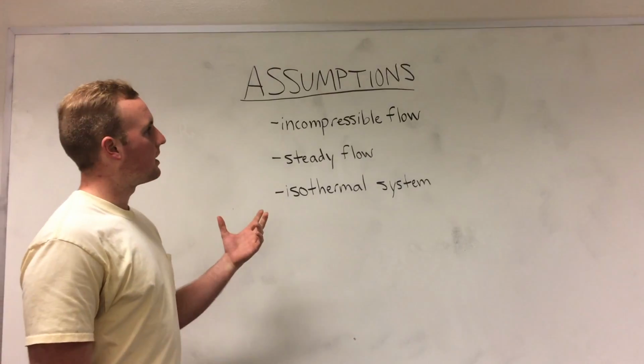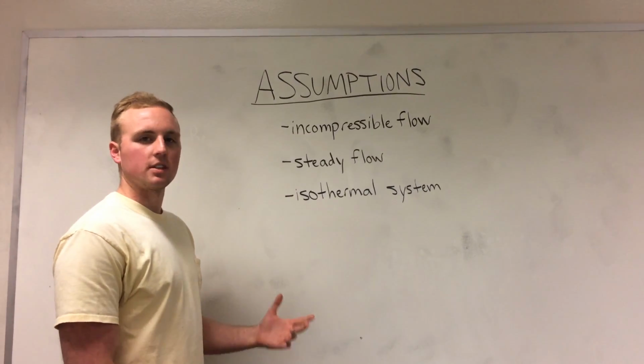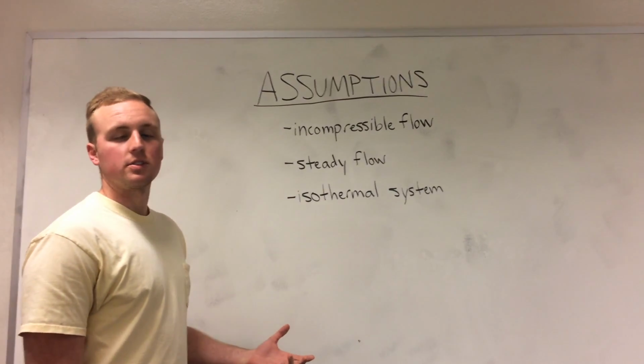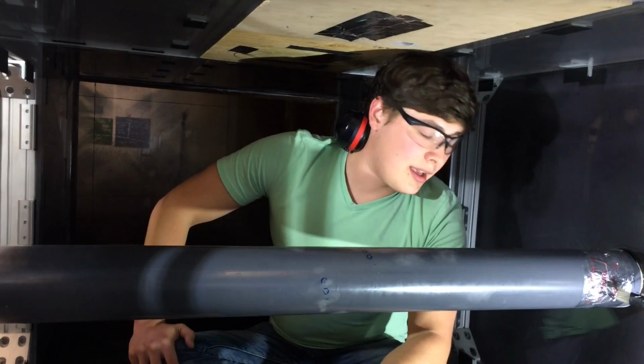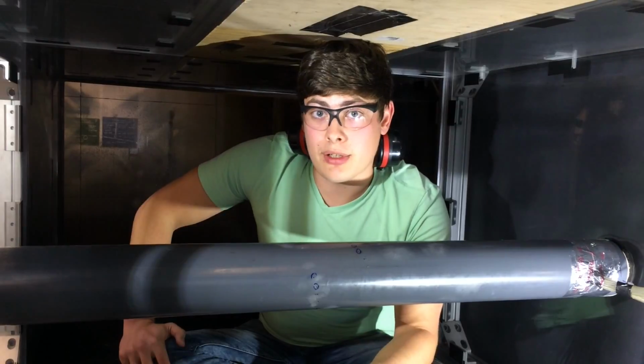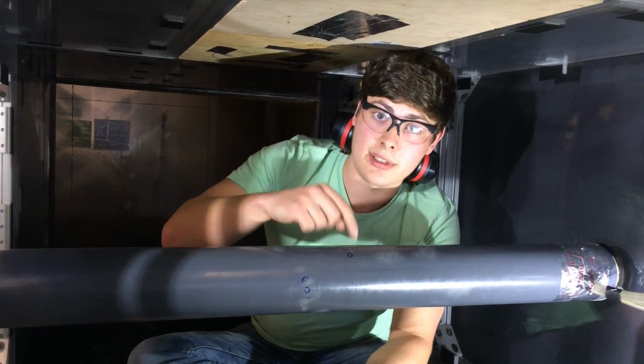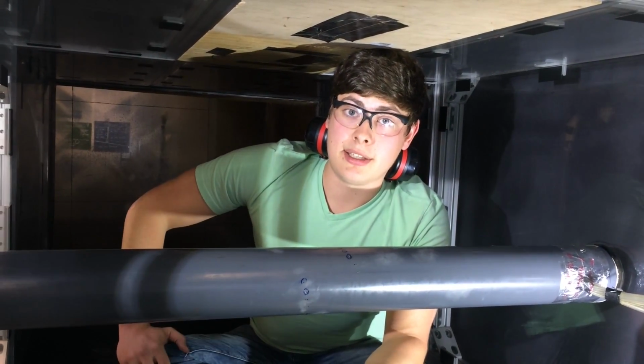Some assumptions that we made during our testing were that the flow was incompressible, that it was also steady, and that the wind tunnel was isothermal. We studied the relationship between coefficient of pressure at different points around the cylinder and Reynolds number.